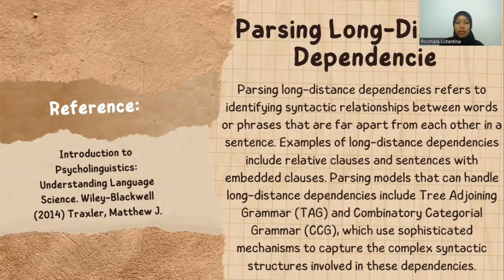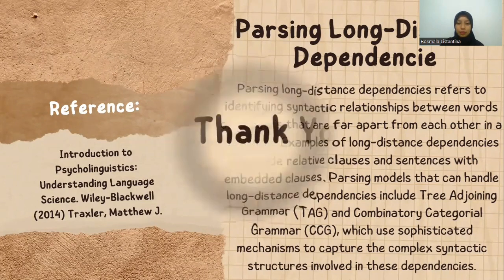Parsing models that can handle long-distance dependencies include tree adjoining grammar (TAG) and combinatory categorial grammar, or CCG, which use sophisticated mechanisms to capture the complex syntactic structures involved in these dependencies.